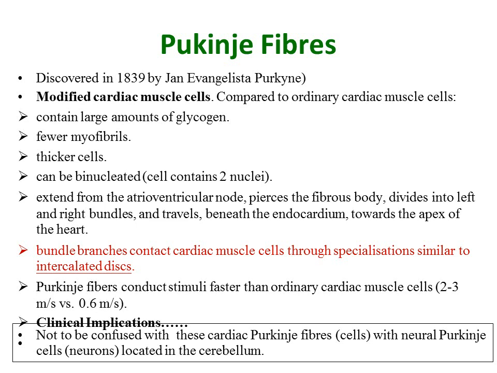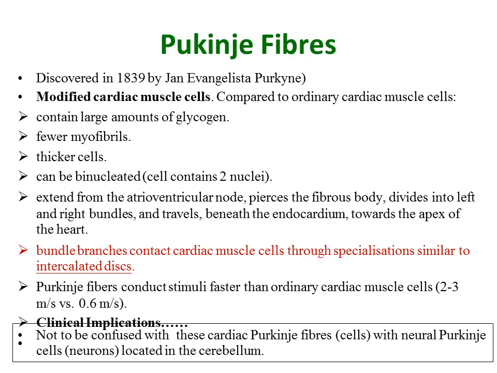Bundle branches cannot contact cardiac muscle cells through specializations similar to intercalated discs, which are characteristic of cardiac muscle. Purkinje fibers conduct stimuli faster.